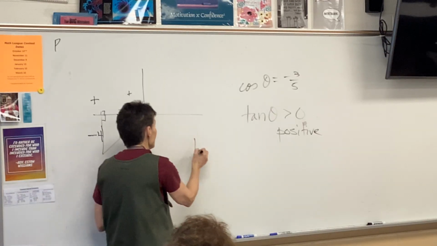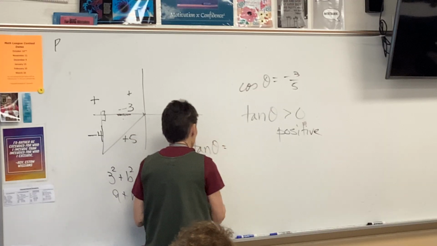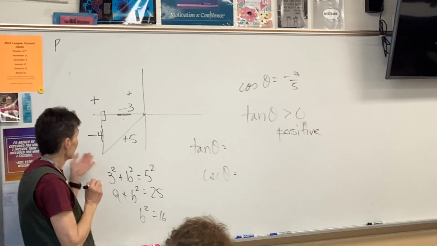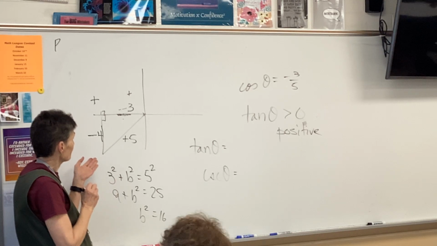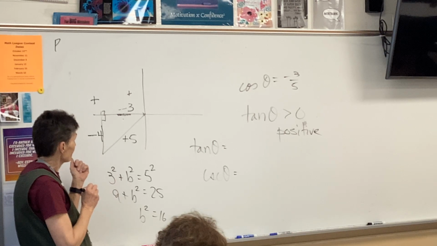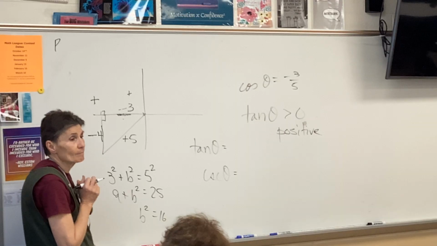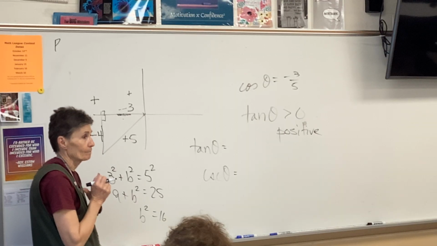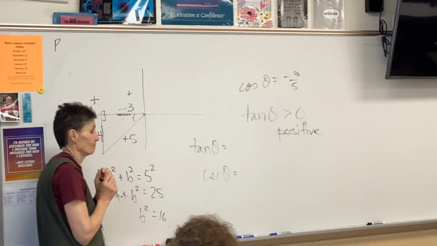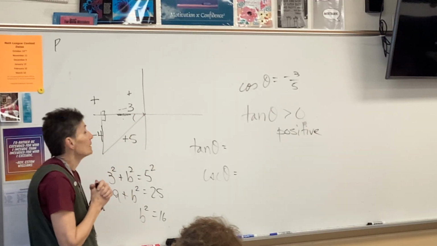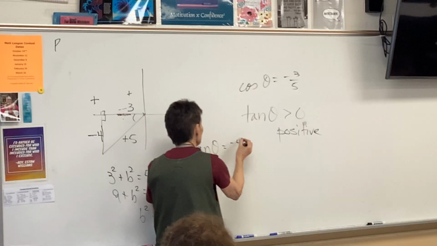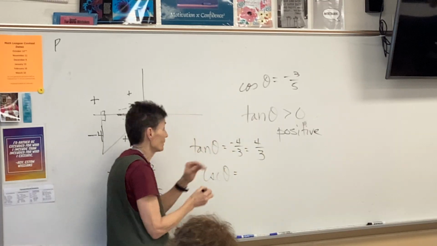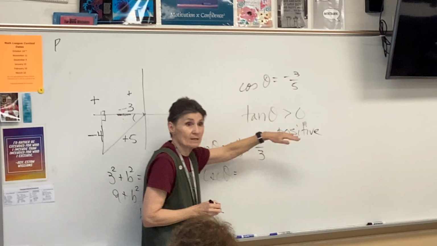And I want to find the tangent. Here's my picture. What's the tangent? Negative 4 over negative 3, which becomes positive 4/3. Remember, we wanted a positive tangent, we got it.